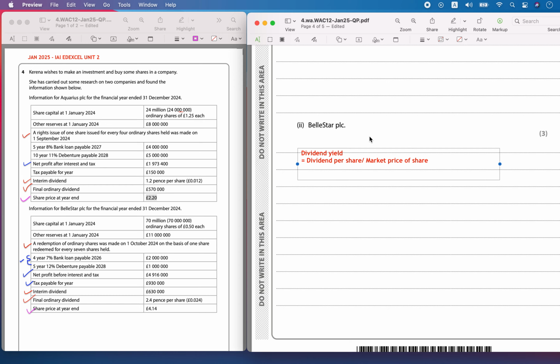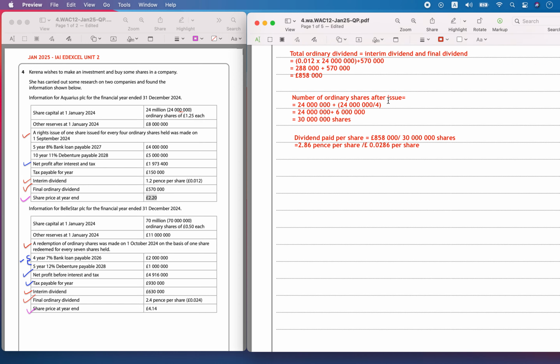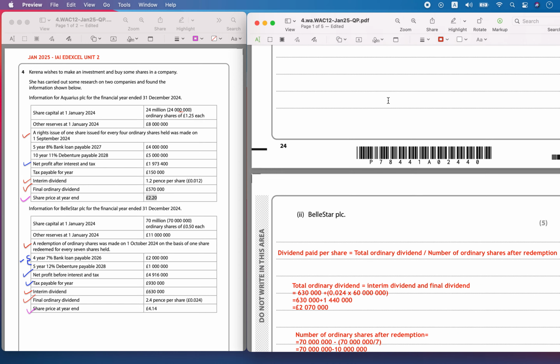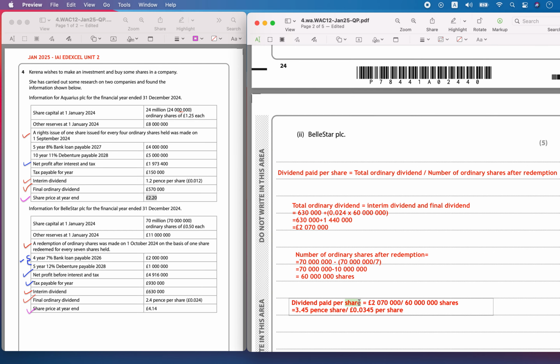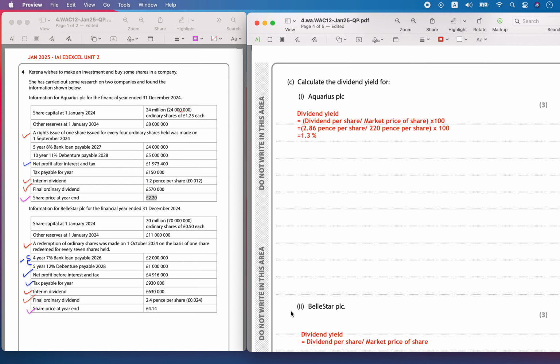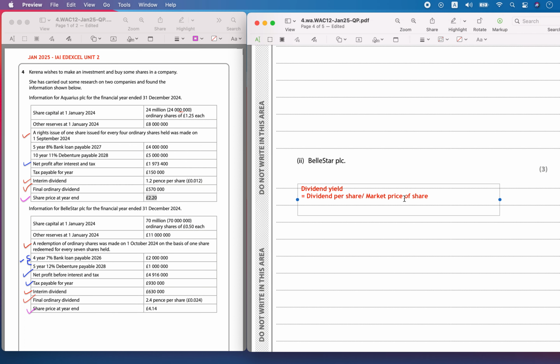Now let's calculate for Belstar PLC the dividend per share, which we had calculated in part A2. The dividend per share was 3.45 pence per share, divided by its market price.